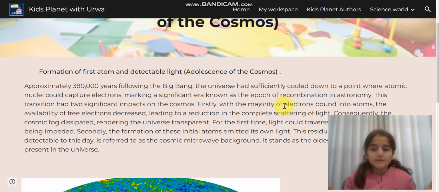Firstly, with the majority of electrons bound to their atoms, the cosmic fog dissipated, rendering the universe transparent. Also, because the atomic nuclei had captured electrons, the availability of free electrons decreased, leading to a reduction in the complete scattering of the light.